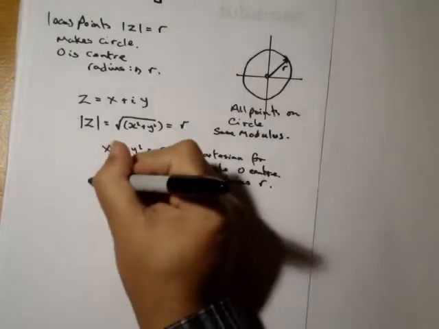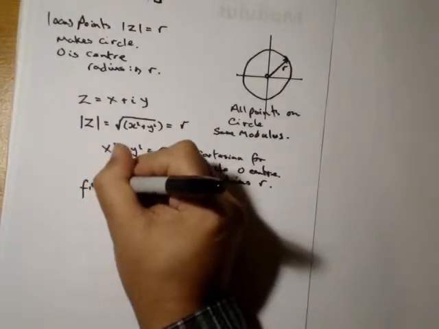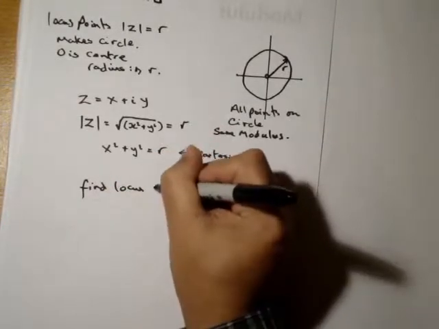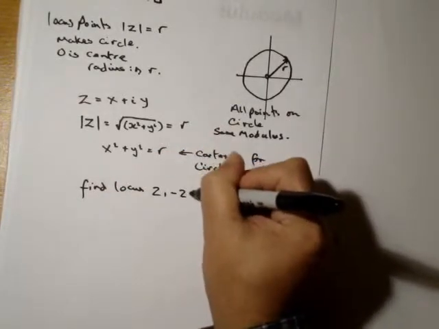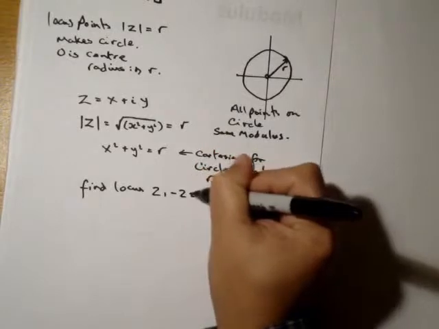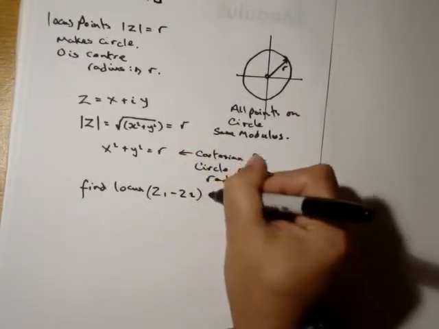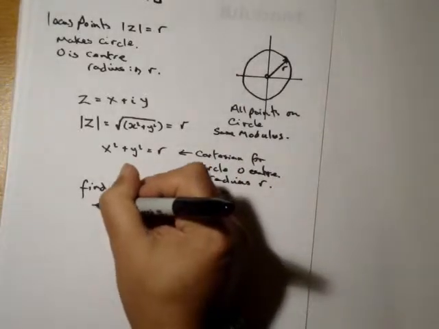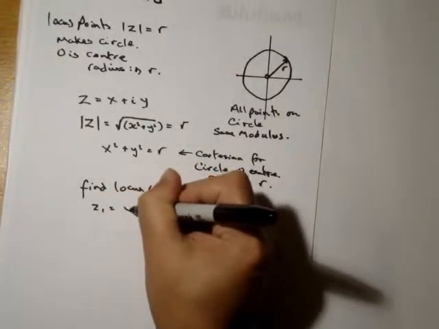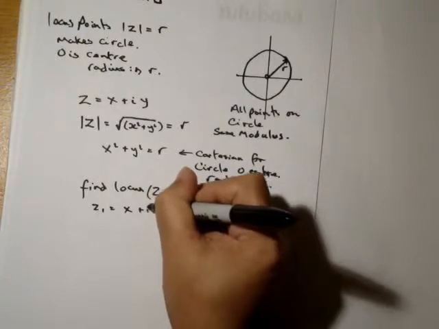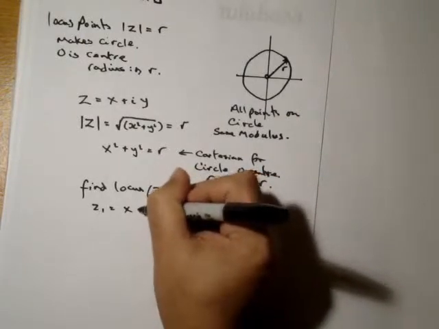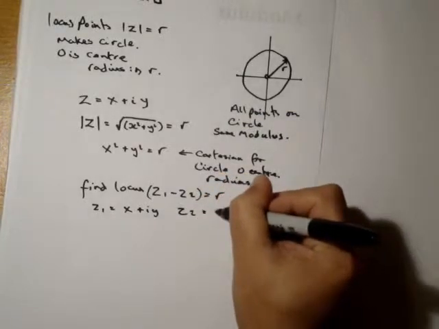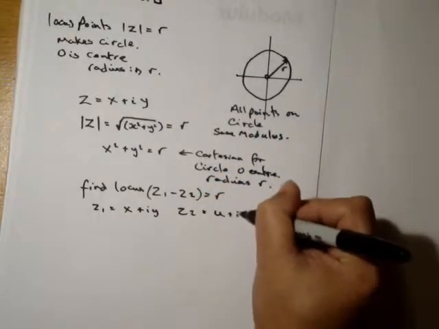So if we're asked to find the locus |z1 - z2| = r, so z1 equals x plus iy, and z2 equals u plus iv.